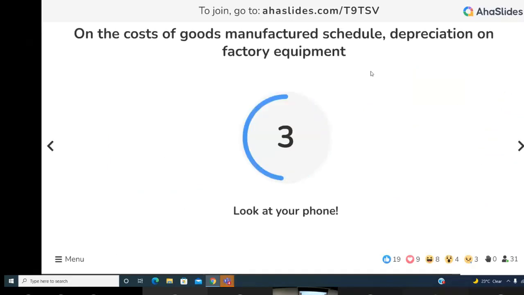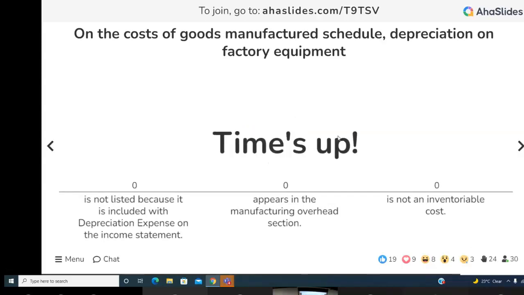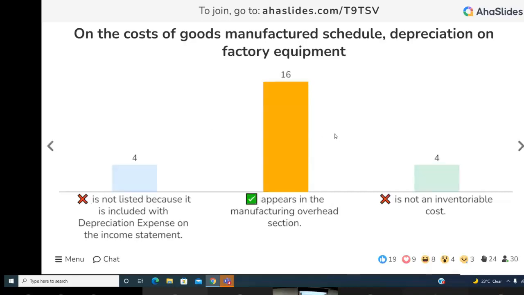So on the cost of goods manufactured schedule, depreciation of factory equipment is not used because it is included with depreciation expense on the income statement; it appears in the manufacturing overhead section, is not an inventory cost. What say you to all of that? Yeah, now we got it. That's great.